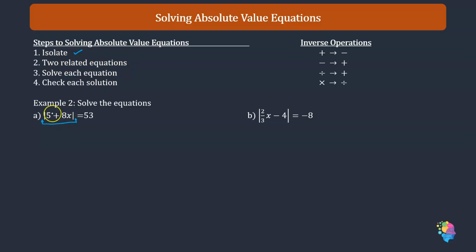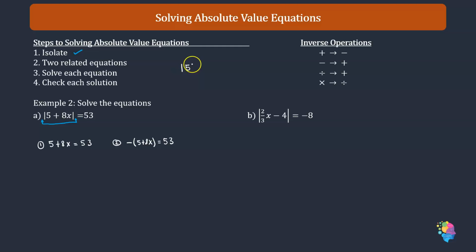The first one will be that expression inside the absolute value, and we let it equal 53. That's equation 1. And equation 2 is going to be, we take the opposite in sign, or the negative, of that expression, and we let it equal 53. Now, where does this come from? From that example, remember that example with a 5?